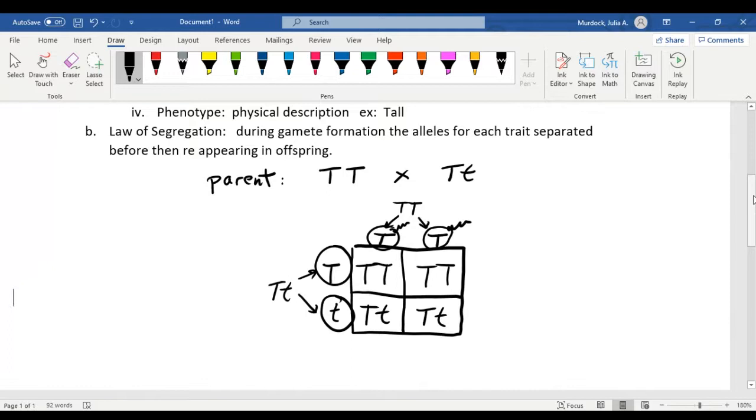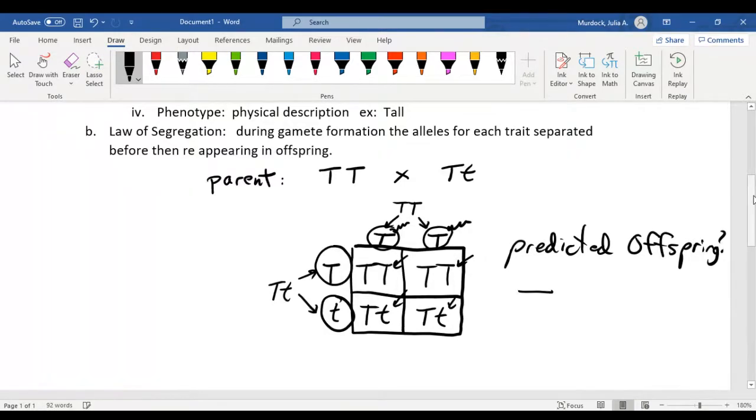So now let me ask you this. The predicted offspring. Each one of the genotypes in these boxes is a possible offspring from these two parents.